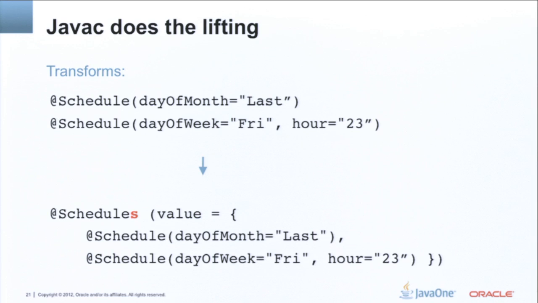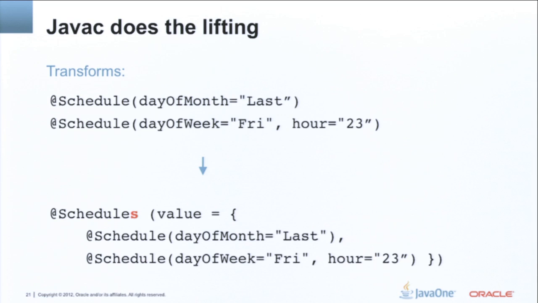But we recognize the fact that this is already used in a certain way, and we want to continue to build on that. So we synthesize a container and we pack the two or more annotations there.